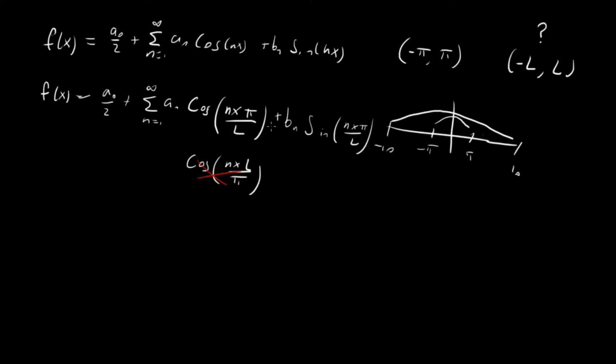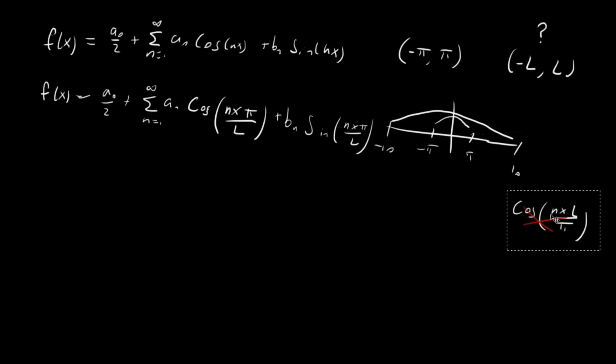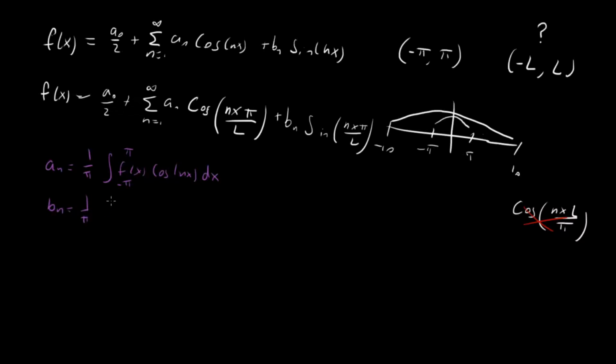Okay, this is great. We've done it here for these terms. Now let's look at how we do it with the coefficients, because our coefficients should also change. Our coefficients, you'll recall, originally are given by a_n is equal to 1 over pi, integral minus pi to pi, f of x cosine of nx dx, and likewise for b_n.